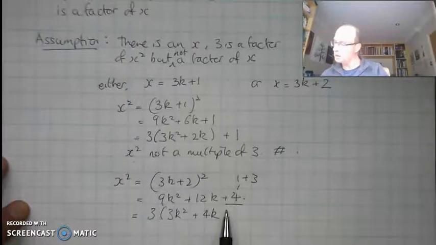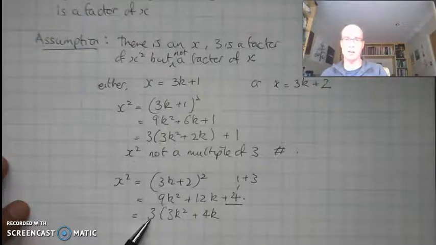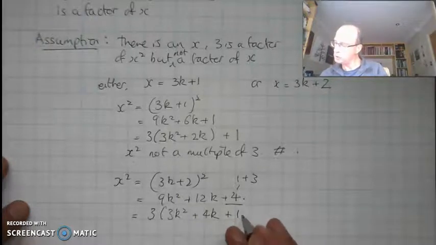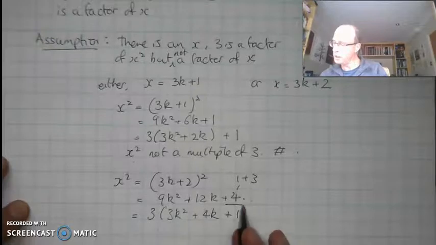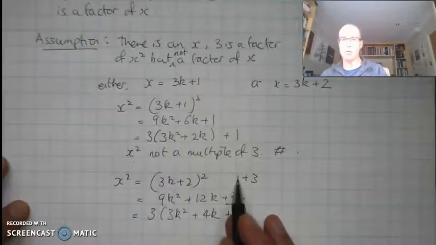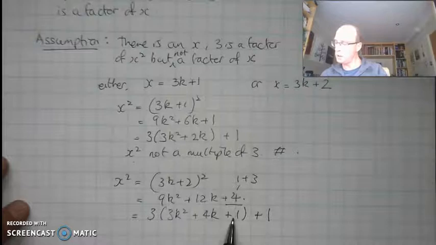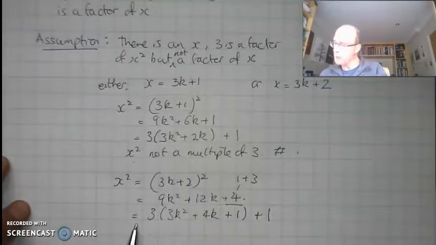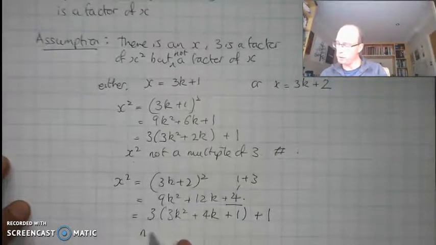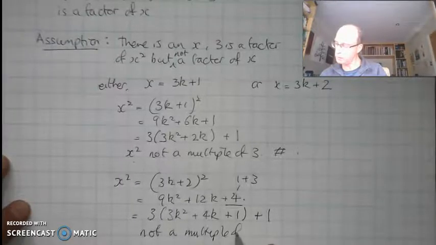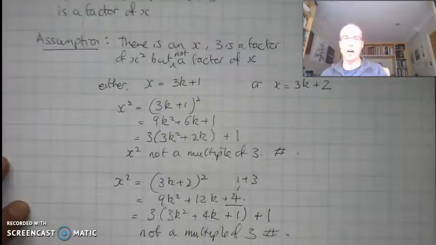The 3 I can bring inside my bracket, because I've got my common factor 3 outside. So that would be plus 1 lot of 3, and I'll be left with my 1 leftover. So I'd get 9k squared plus 12k plus 3, plus my extra 1 to bring me up to plus 4. Well, this is also not a multiple of 3, which gives me a contradiction.